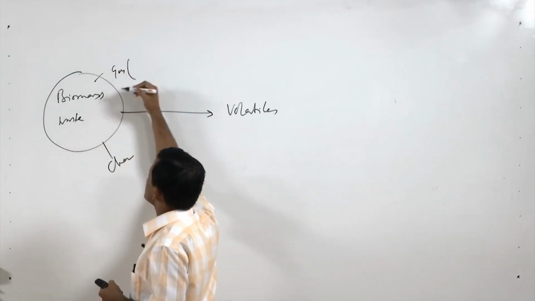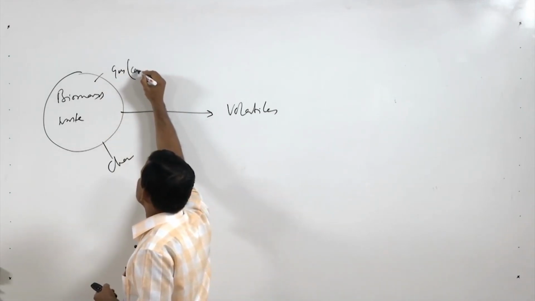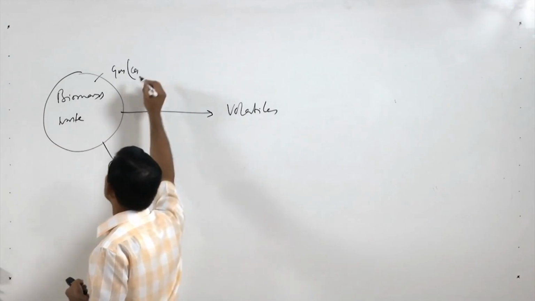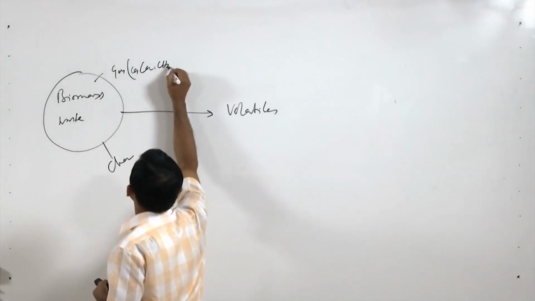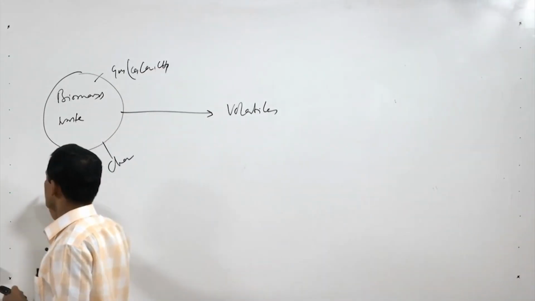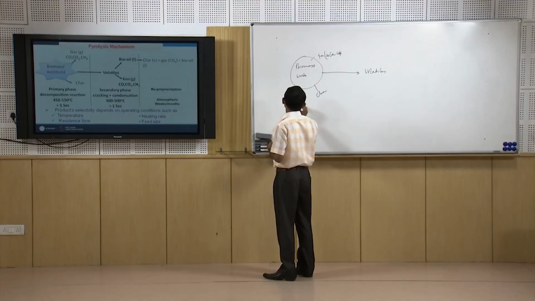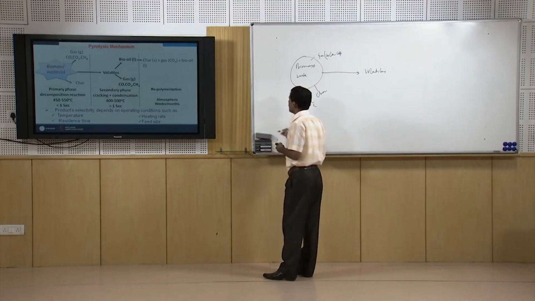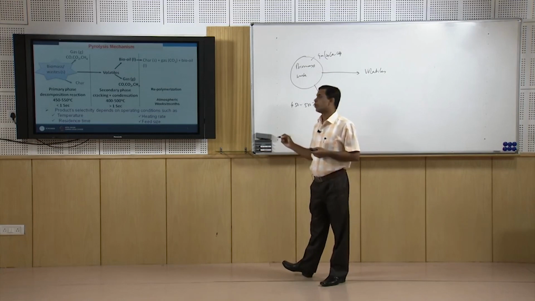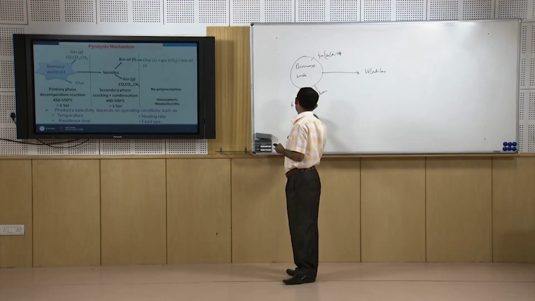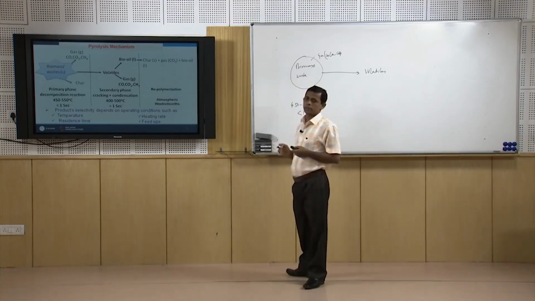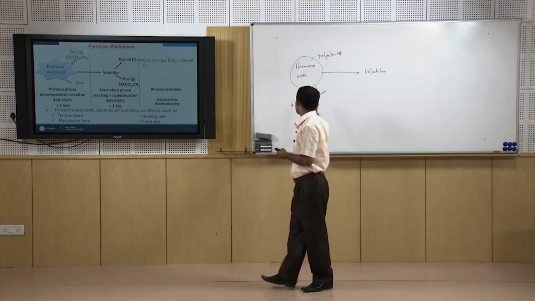This gas may be CO, CO2 or CH4. Here the temperature is 450 to 500 degree centigrade, for a very small time, less than 1 second. If the material is heated, then we will get these things.